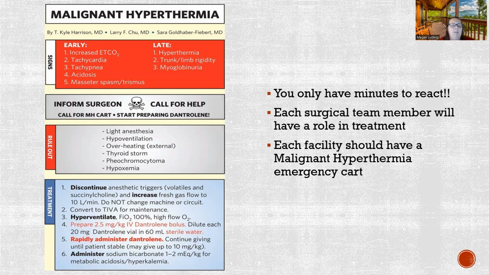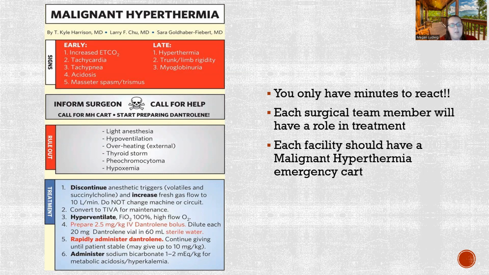At least around here, we wouldn't have all the vials of dantrolene because it happens so infrequently. Our facilities would only carry maybe half of what was truly needed, and then a local hospital that we had an agreement with would carry the other half. So if one needed it or the other, they'd call and go get it very quickly. The reason for that is the drug is very expensive, and it just happens so infrequently that they don't always carry what they need, which is crazy.